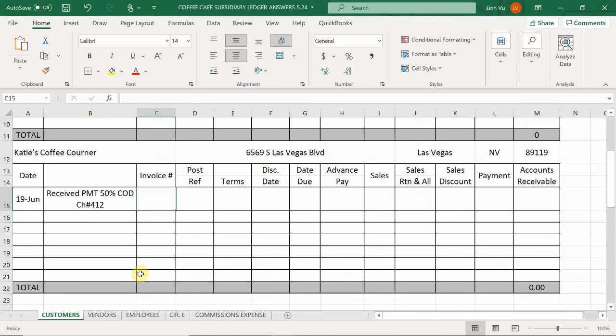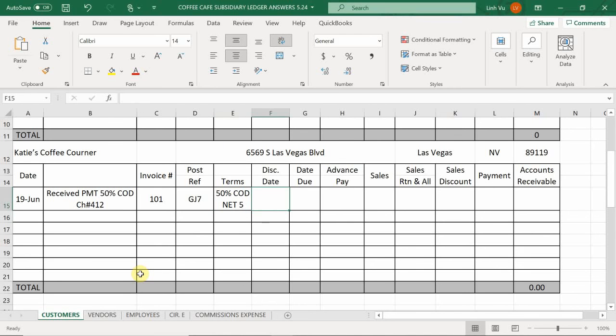Invoice number 101. Post reference, once again, general journal number 7. What was her terms? Net 5. Okay, I'm going to go ahead and add more details to that. So 50% COD, and then I'll add net 5.